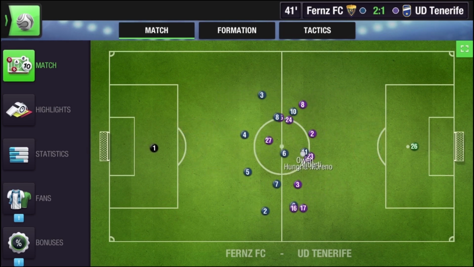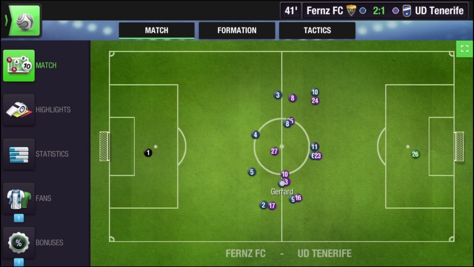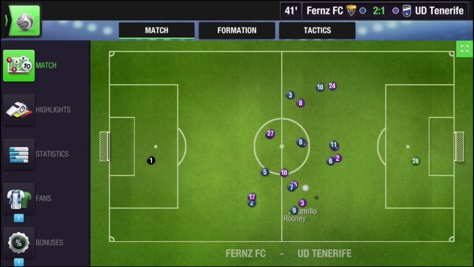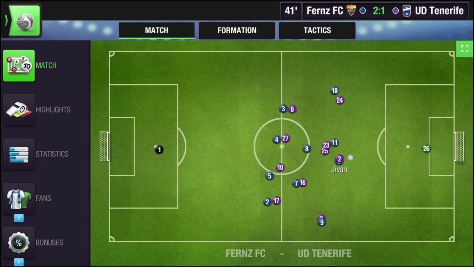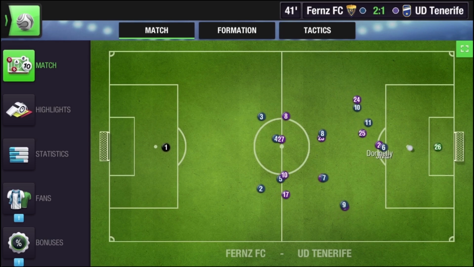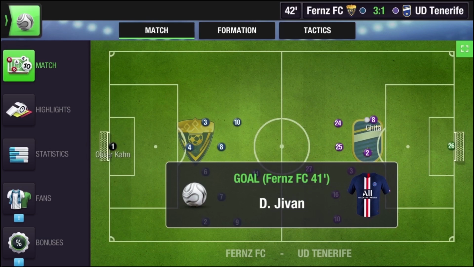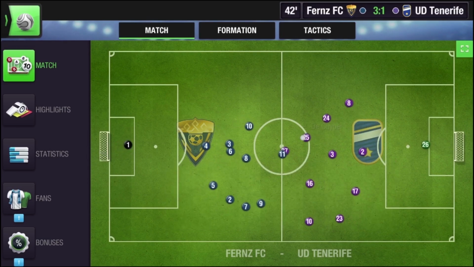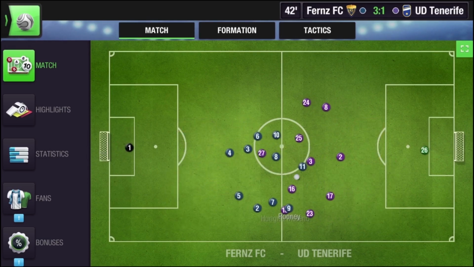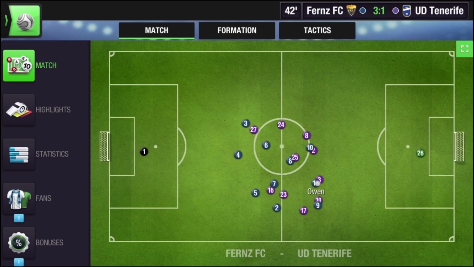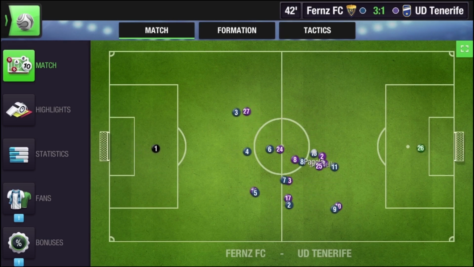And with the tackling, you have to be easy on tackling here. Why? Because when you go hard, see, third goal. Yeah, so when you go on hard tackling, what happens is basically you actually create a lot of sliding tackles.